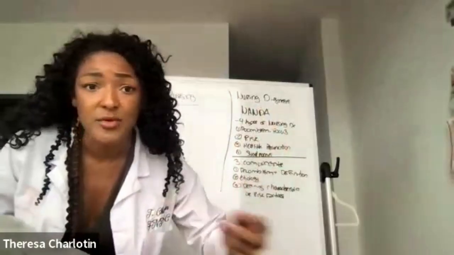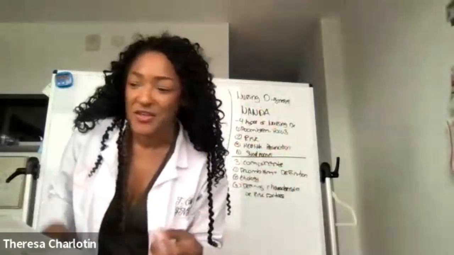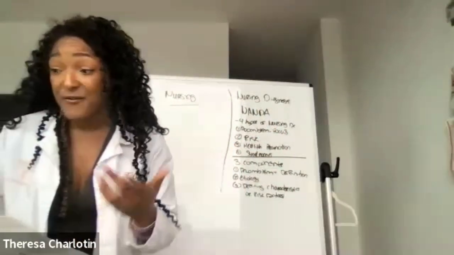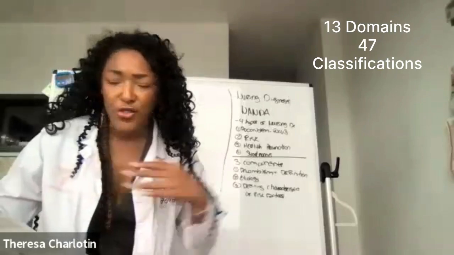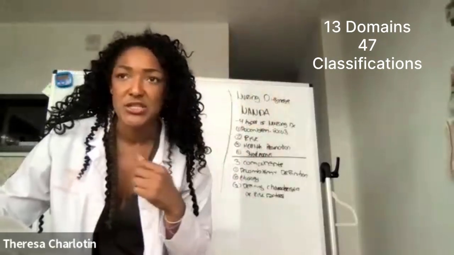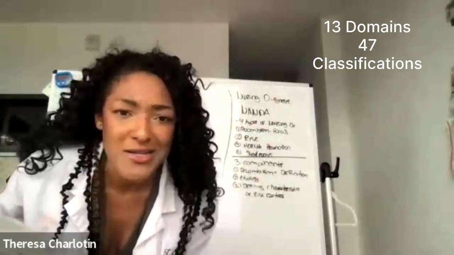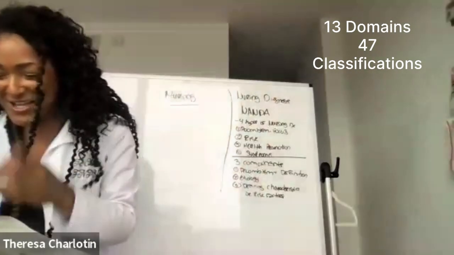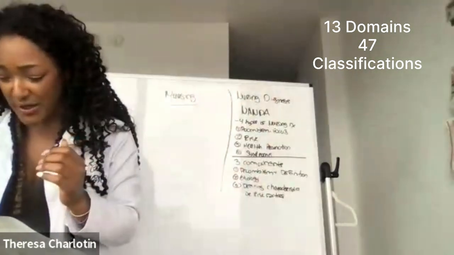There's a taxonomy for animals, plants, all kinds of stuff. I love looking at that. So there's a taxonomy for NANDA. And for us, luckily, there's 13 domains and 47 different classes to choose from. Just all these awesome reasons to make a diagnosis. Right. So let's get started.